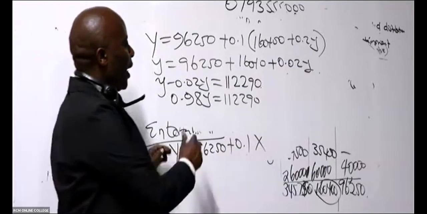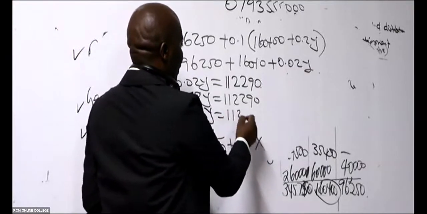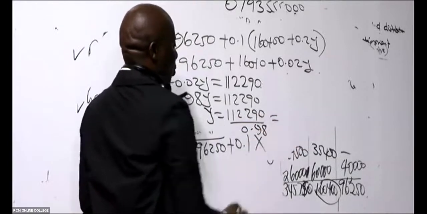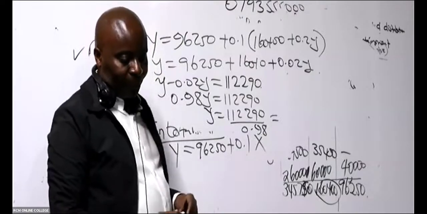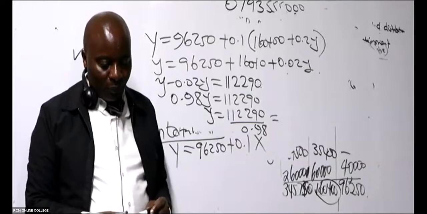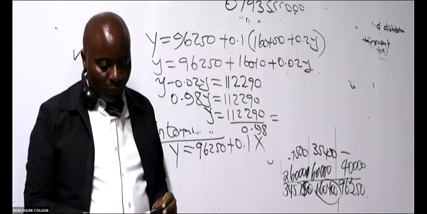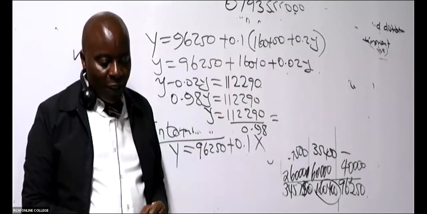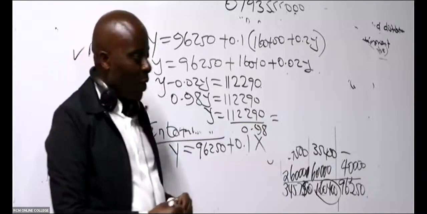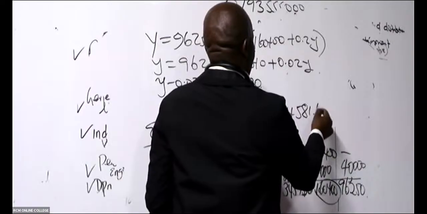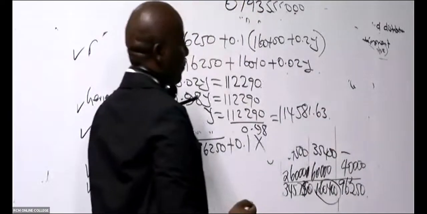So meaning that Y will be equal to 112,290 divided by 0.98, which ends up giving us 114,581.63.